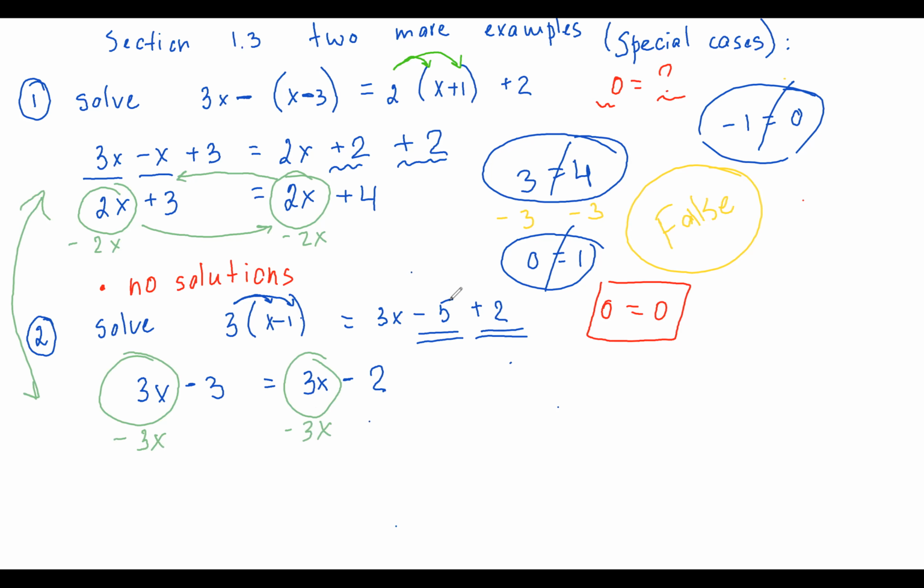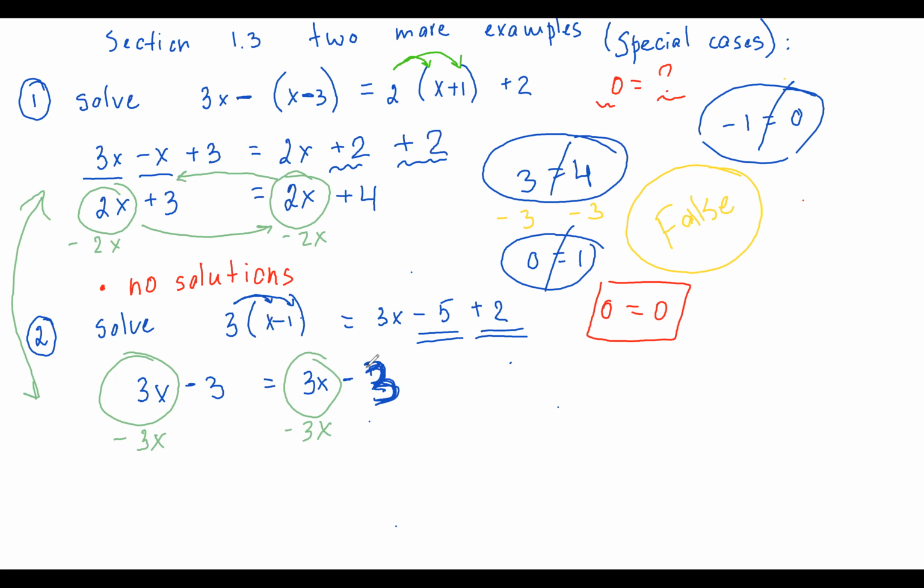Why nobody corrected me? -5 plus 2 would be -3, right? This one I made a mistake with. -5 plus 2 would be -3, because I'm looking at the equation and I see, oh my God, I'm getting the false one, and I shouldn't. So I put the wrong number here. It should be -3. Okay.